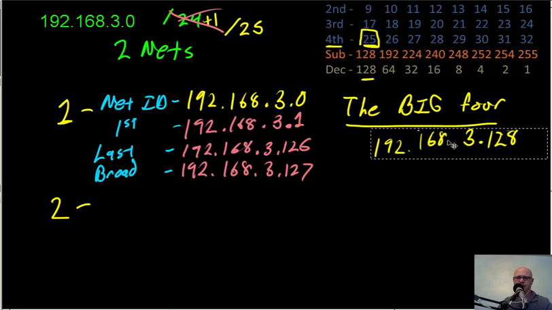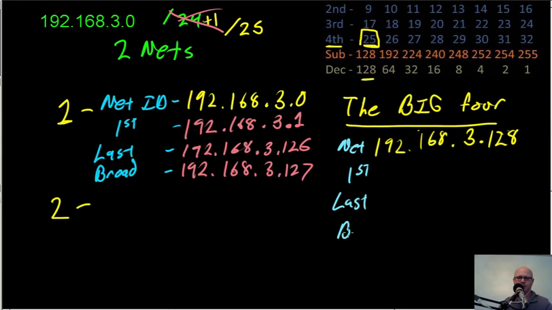So what's our 4 pieces of information going to be? We're going to have our net ID, first usable, last usable, and broadcast. Net ID was already found for us, right?